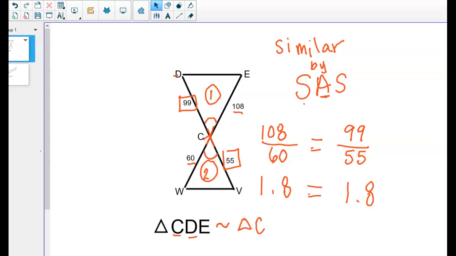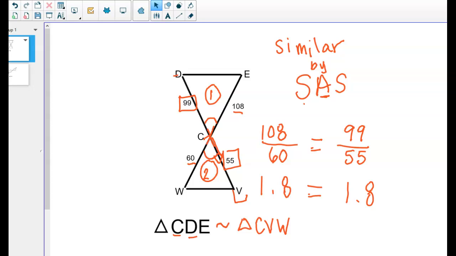So when deciding which one of these, V or W, to put next, I'm going to go along the smaller side length, 55. So V is going to be the same as D in the other triangle, because C to D is the shorter side and C to V is the shorter side, and then W would be my last one.